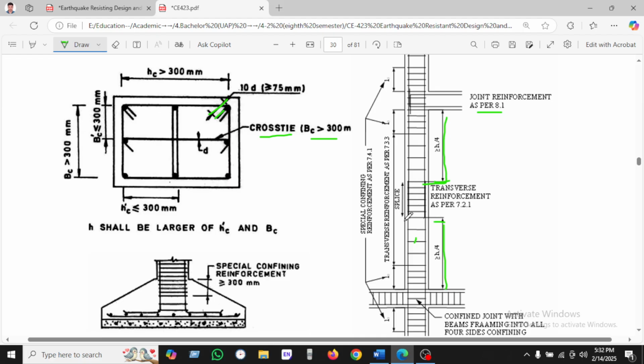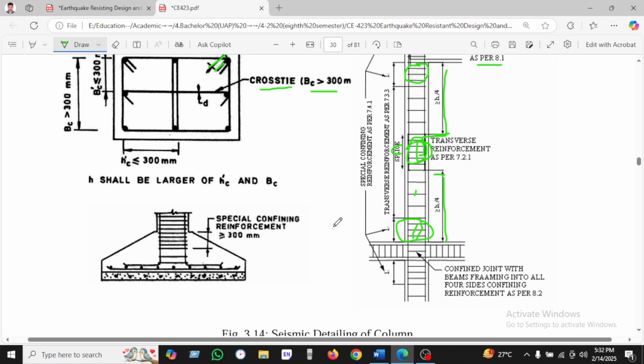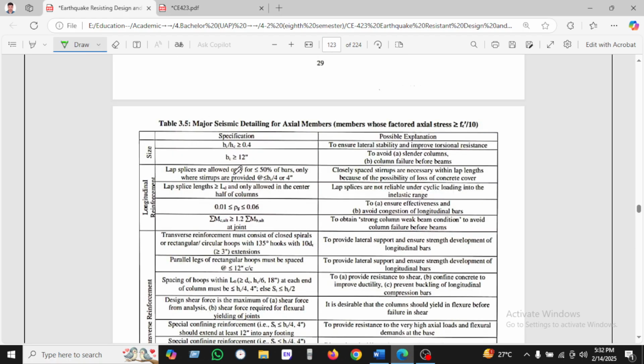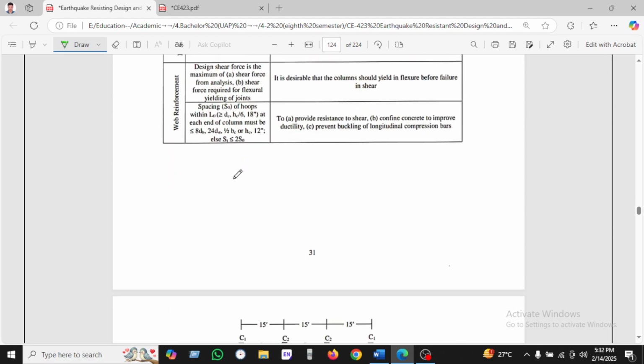But on the other hand, where we use the splices, the reinforcement will be dense. Okay, as we have seen, spiral confinement reinforcement as per 7.1, and up to the joint of the beam column we have used dense tie or spiral. Okay, so we have completed here.